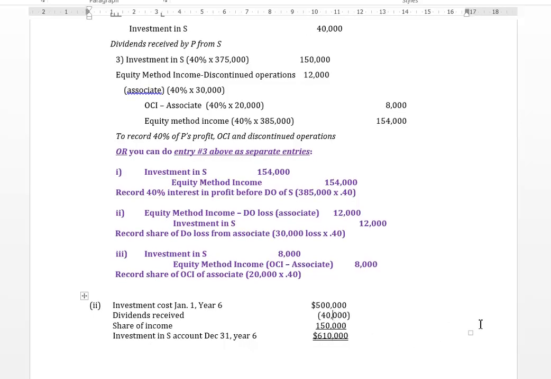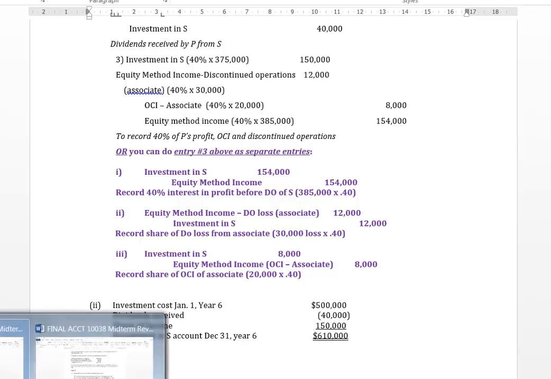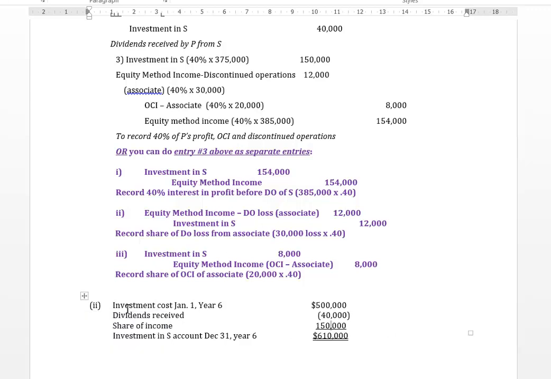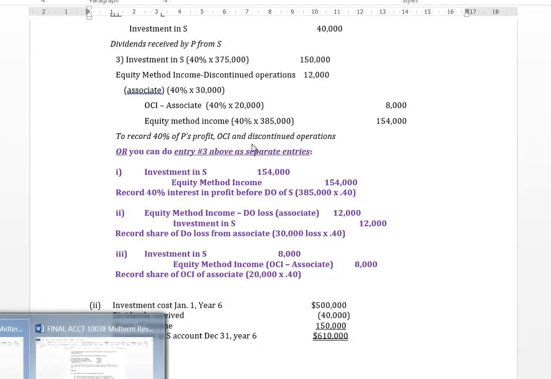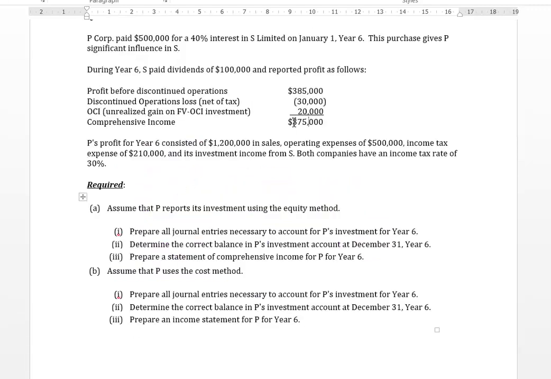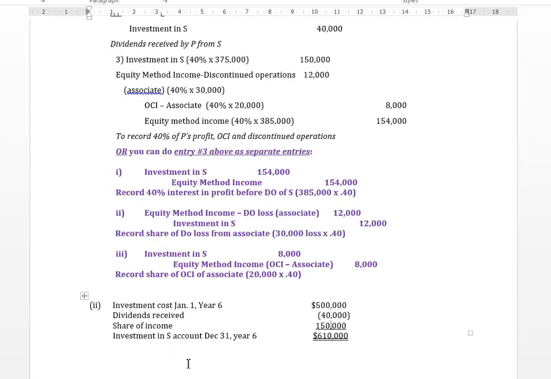So the reduction of 40,000 was due to the fact that you credited the investment in S when they paid you a dividend, and you also took in your share of the after-tax profit, which was 375. And again, we have that right over here. Right there. That's 40% of that, and that's your 150.